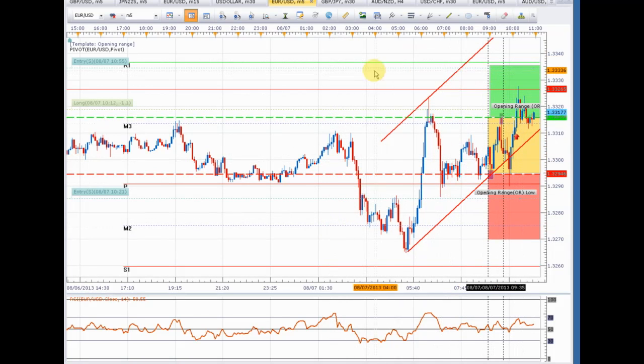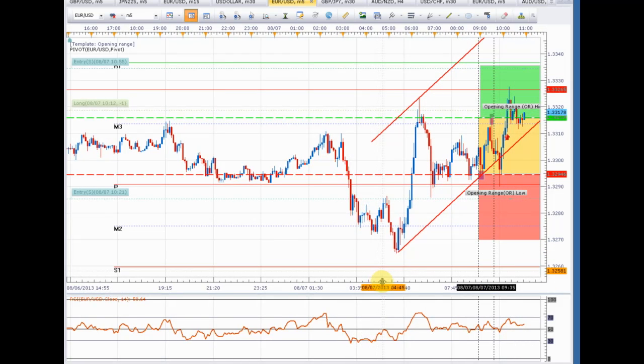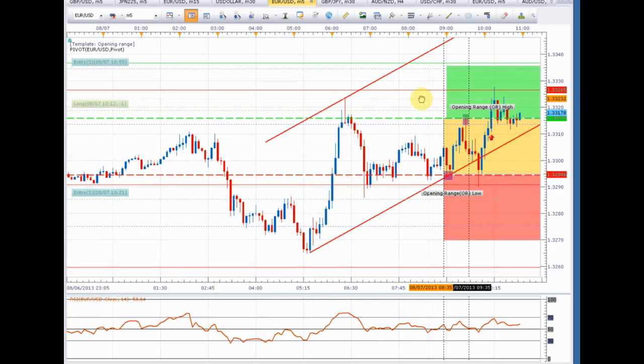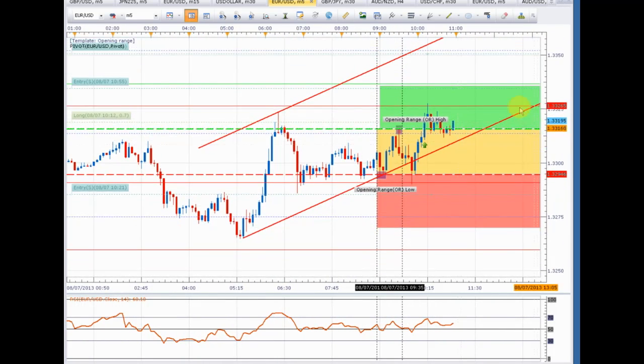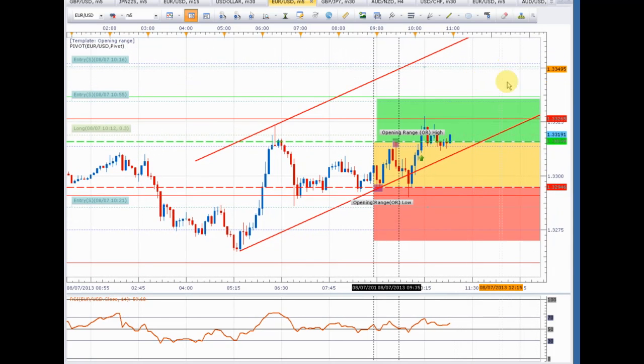Now that's my 1-to-1 price target, the green box. So I'm going to take off half my position at that green box. Now I do have a more ambitious target, that 3350. And if we can get up to that, I'll bring my stop up.